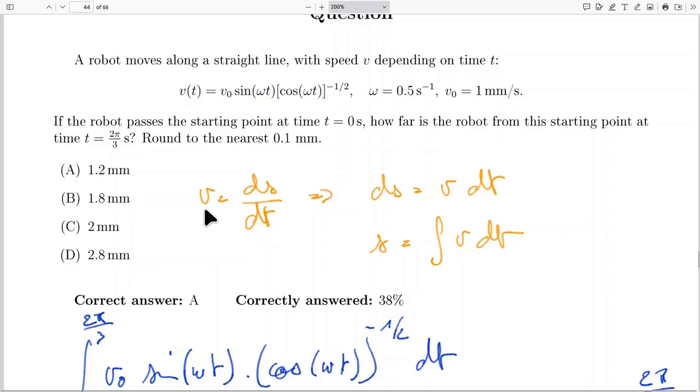Okay, so speed is ds over dt, the derivative of the distance with regard to t, or ds is v dt.